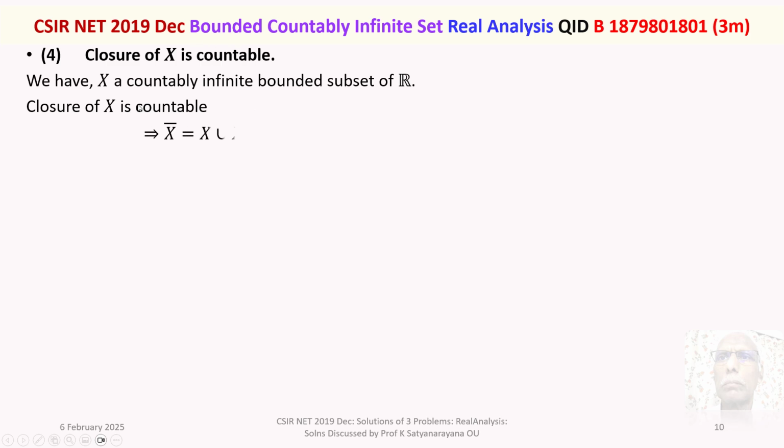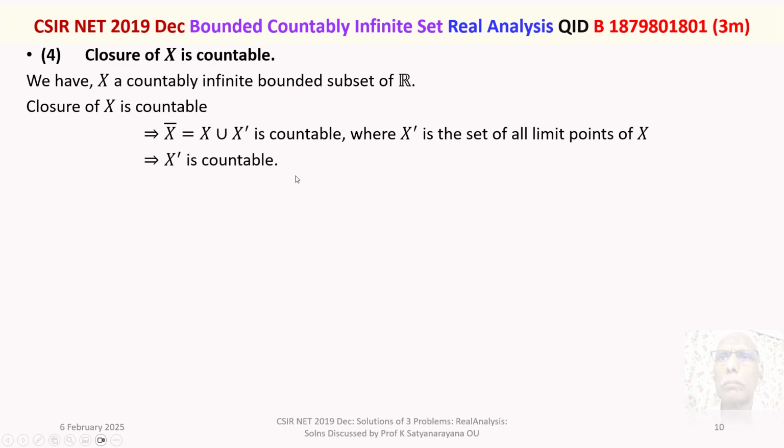It means closure of X, meaning X bar, is equal to X union X prime, where X prime is the set of all limit points of X. So X bar is countable means X union X prime is countable. But X is a countably infinite set, and X union X prime is countable will imply X prime is countable, because the countable union of countable sets is countable.